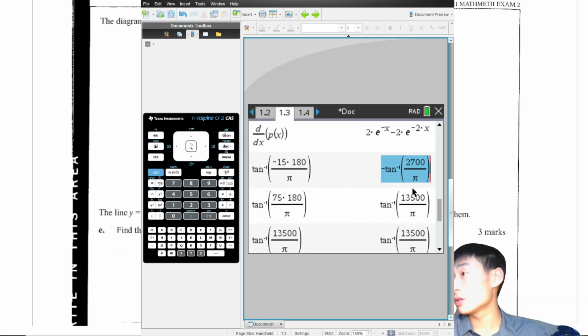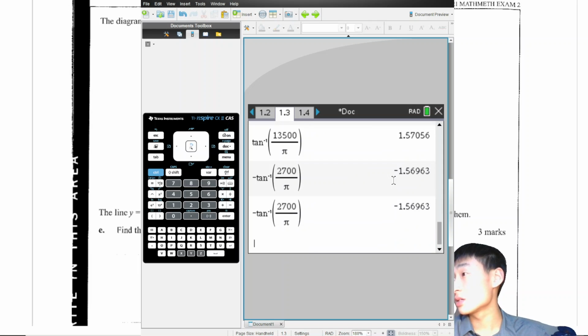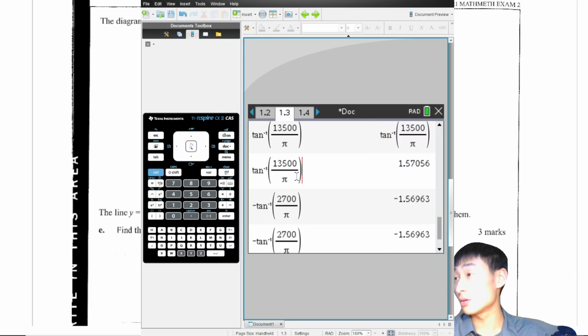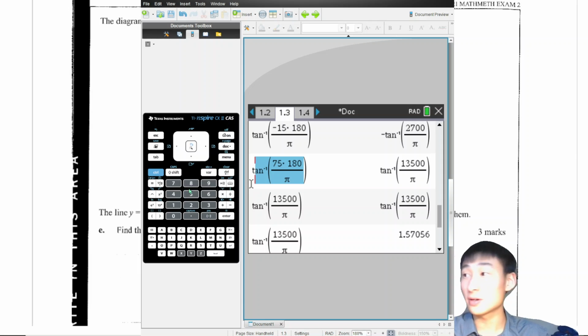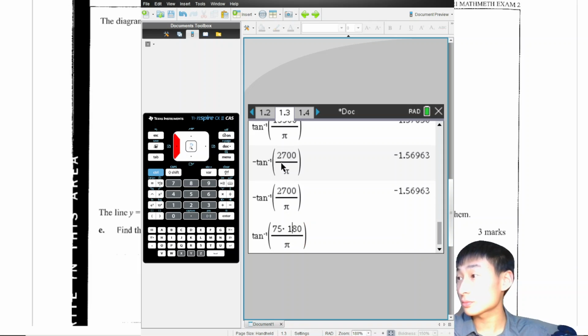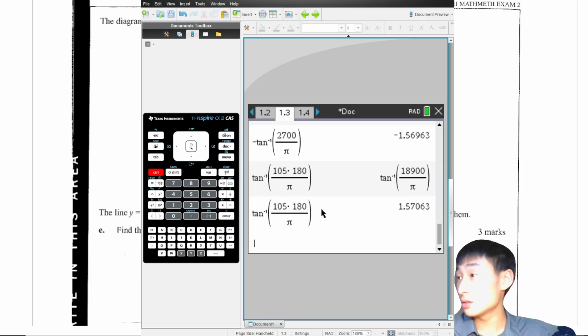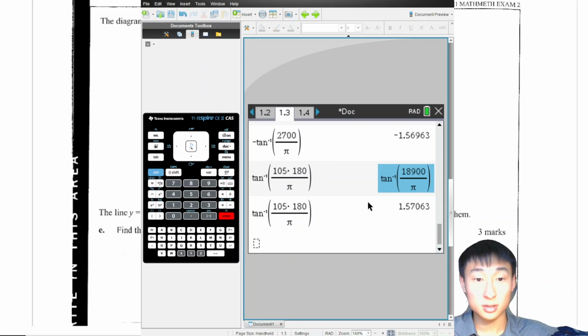So the one here is the 15 degrees one, and that looks fair enough. How about the other one? Why is this one 75 degrees? Sorry, that's not 75 degrees, my bad. That's 105. Sorry, this should be 105. And then you get 1.57 again.